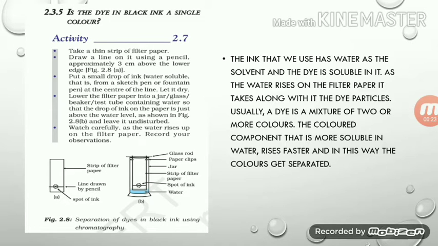Then we dip this strip in a beaker containing water, keeping the paper slightly dipped, and leave it for some hours. Then we can easily separate the components in the ink. This process is known as chromatography, used to separate the components in a mixture.